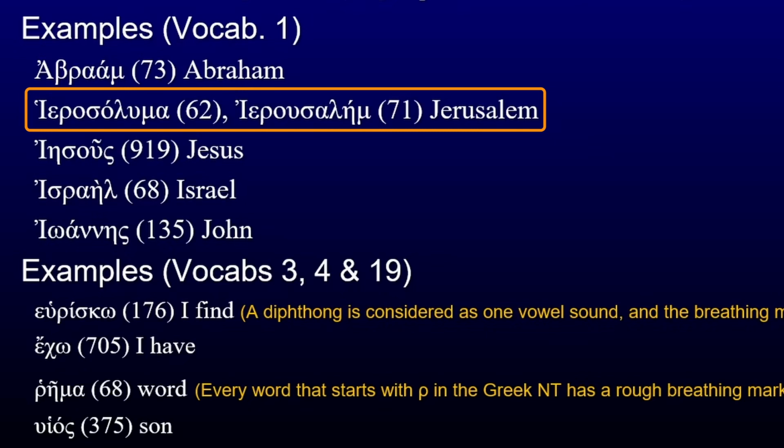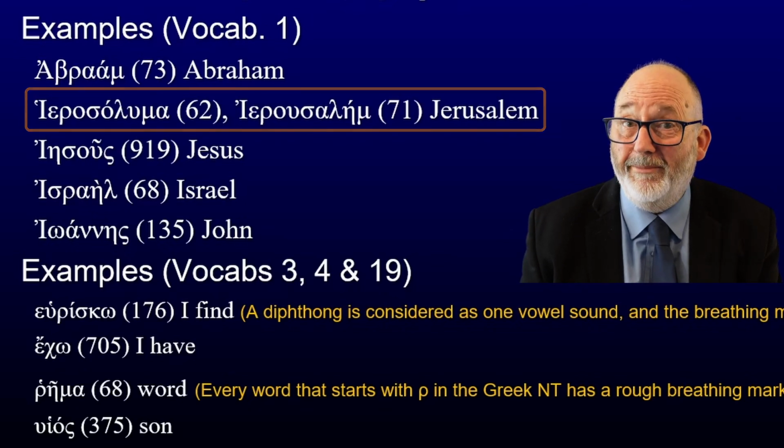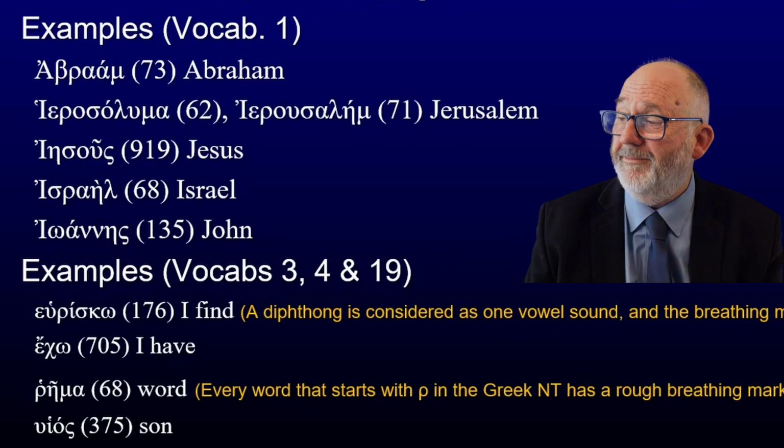Remember when we're talking about diphthongs, I emphasized that epsilon iota was a diphthong, but iota epsilon was not. So the breathing mark goes with the first vowel here. So let me see if I get this right. Hierusoluma versus Jerusalem. Isn't that interesting? Rough breathing mark versus smooth breathing mark.